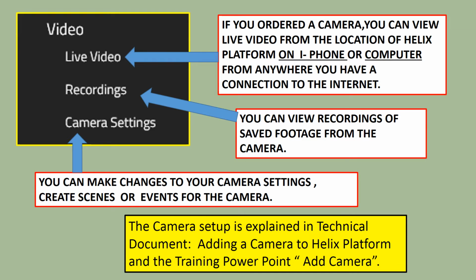You can create scenes or events with your camera associated with other Z-Wave devices or your alarm system. Now, the camera setup is explained in technical document Adding a Camera to Helix Platform, and also the training PowerPoint Add Camera.